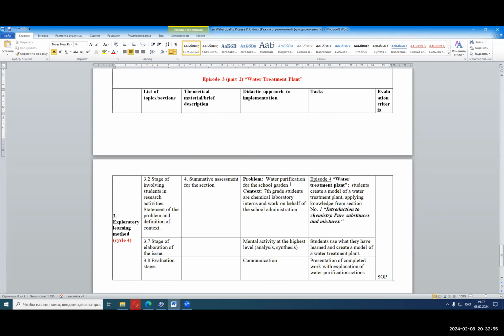Actually, as far as I know, we have never had this unit before. Maybe some schools have an additional course about water, and I'm not sure. But in the schools where I work, we have never had a special unit for water.